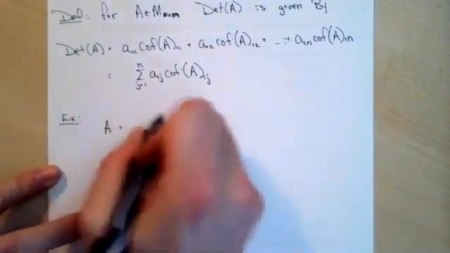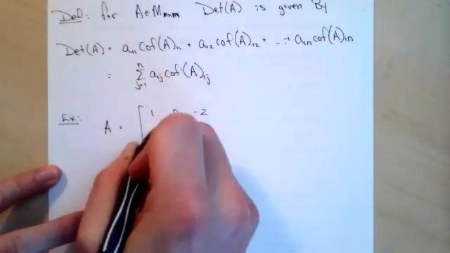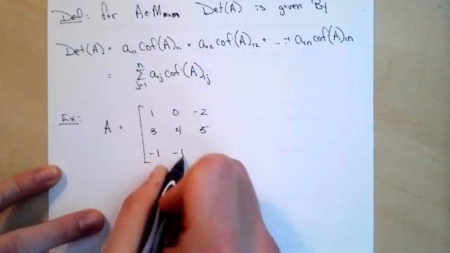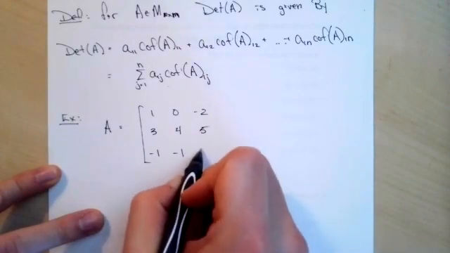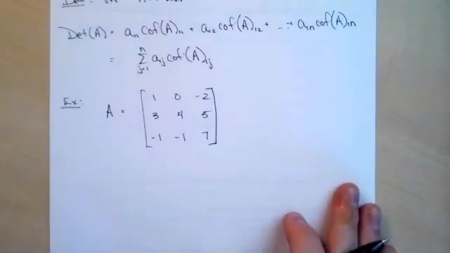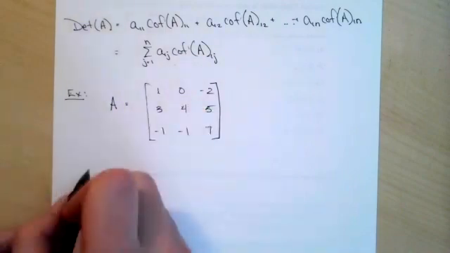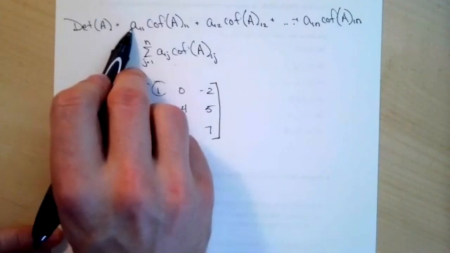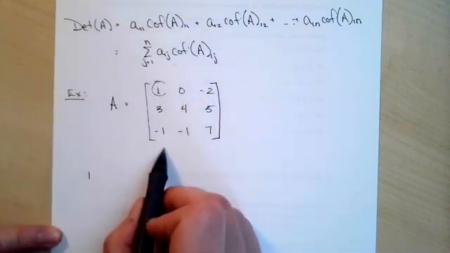Let's give a matrix. Let's give something fairly easy. Let's say 1, 0, minus 2, 3, 4, 5, minus 1, and let's see, let's say 7. I haven't used 7 yet. So what do we do? We start with 1. That's our 1, 1 coefficient, times, now we're eliminating row 1, column 1.